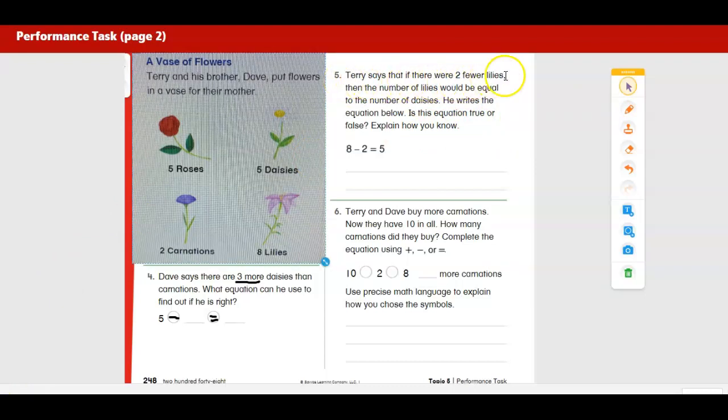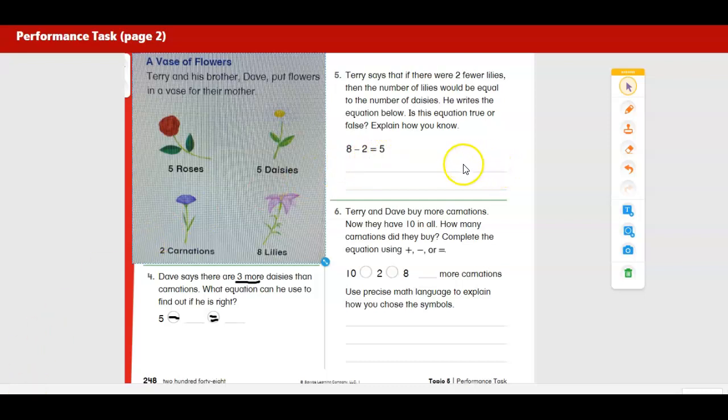Terry says that if there were 2 fewer lilies, then the number of lilies would be equal to the number of daisies. He writes the equation below. Is this equation true or false? 8 minus 2 equals 5.